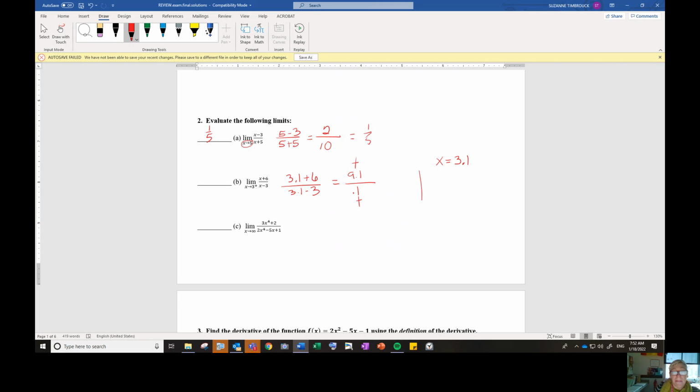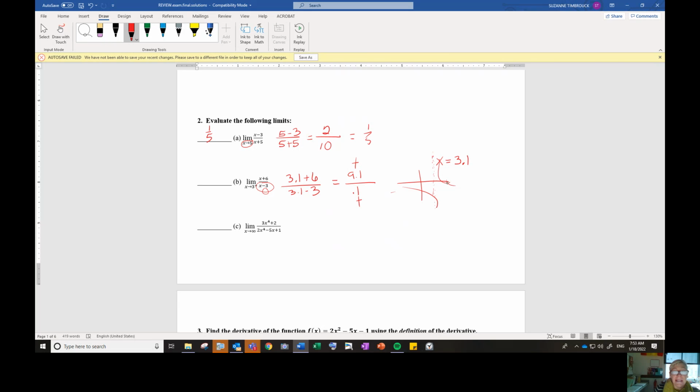You have to remember from pre-calc that you've got some sort of hyperbola here. There's an asymptote at 3, because when x equals 3, 3 minus 3 is 0. So there's a vertical asymptote at 3.